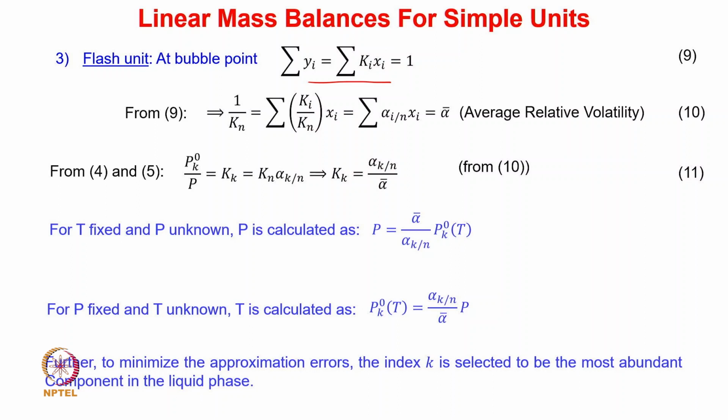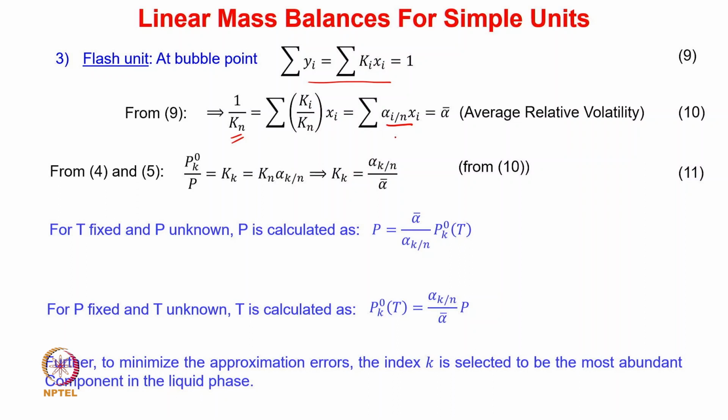Now we can divide this entire equation by kn. If I divide this entire equation by kn, the right hand side will be what? 1 by kn. And ki divided by kn will be represented with xi in the summation. So ki by kn is what? Ki by kn is the relative volatility. So that is what we have written, the relative volatility of the component i with respect to key component n.